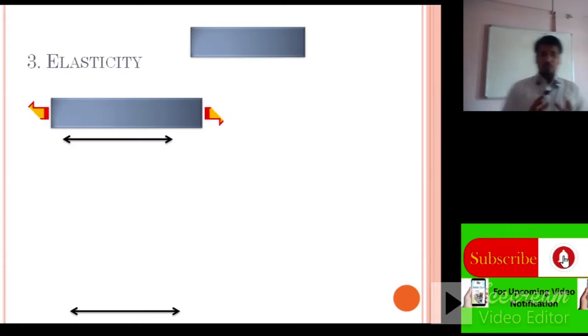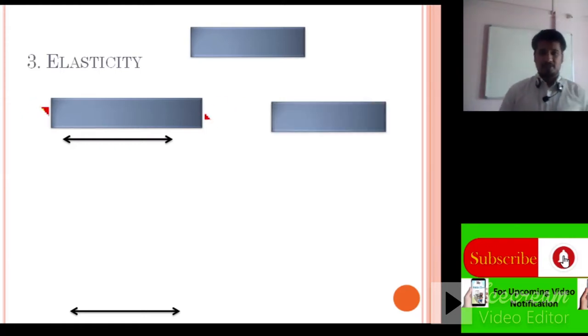Now you can see that the pressure or the force which is applied at the end of the body is the tensile force, and by applying the tensile force on any element or any mechanical component, the length of that material increases in positive dimensions.